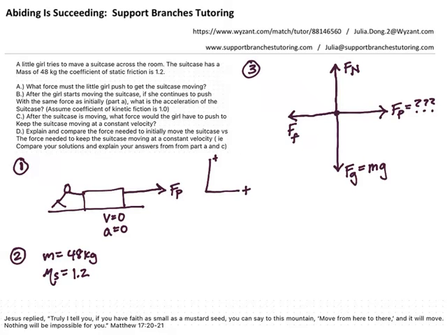How do we calculate friction? Well, friction equals the coefficient of friction times the normal force. And since we have velocity 0 and acceleration 0, we would use the static coefficient of friction, versus kinetic, which would be if we were moving.